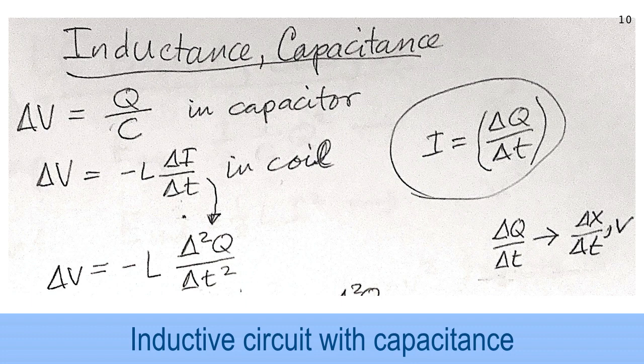Now, delta V for a capacitance is equal to the charge Q on the capacitor divided by the capacitance C. And the delta V in the inductance, we already know what that is: minus L times delta I over delta T. All right, and that's in the inductor, in the coil, or whatever inductive device you have.